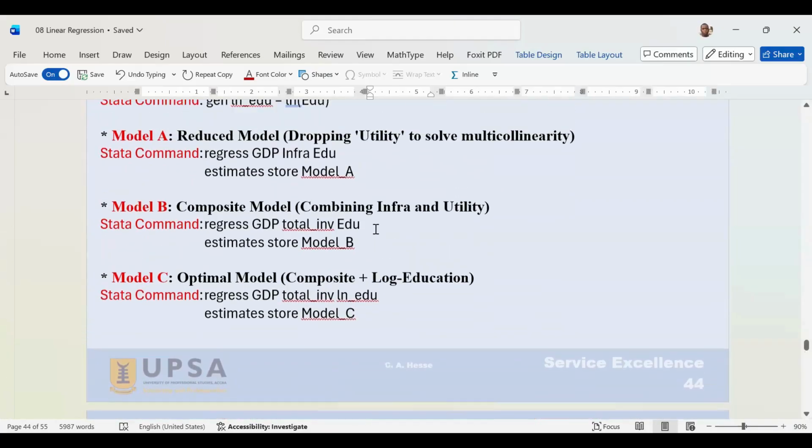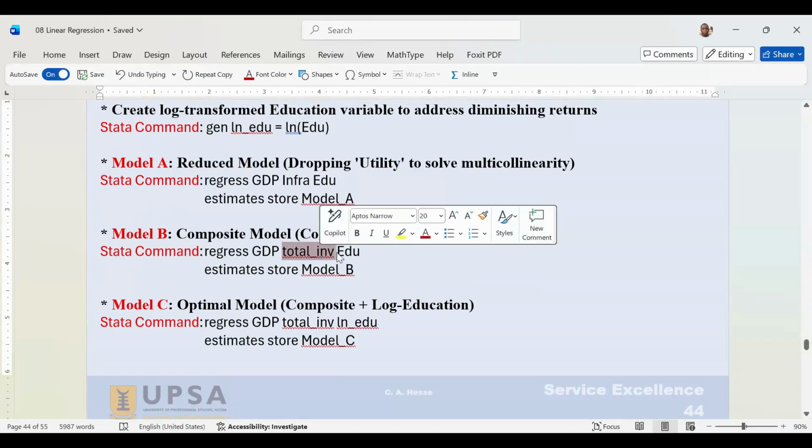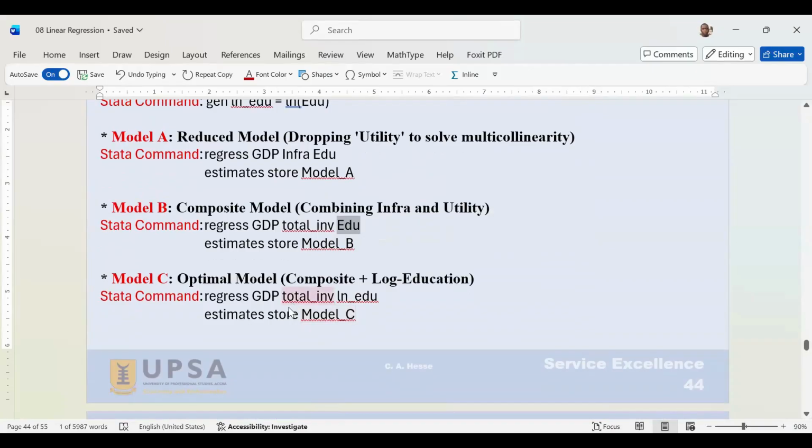But I think that model is already there. No, where we had the total and we did not take the natural log of education, that's Model B. Oh, okay, that's B. So that model is already there.